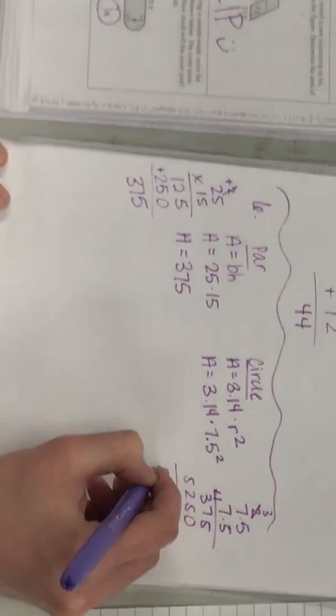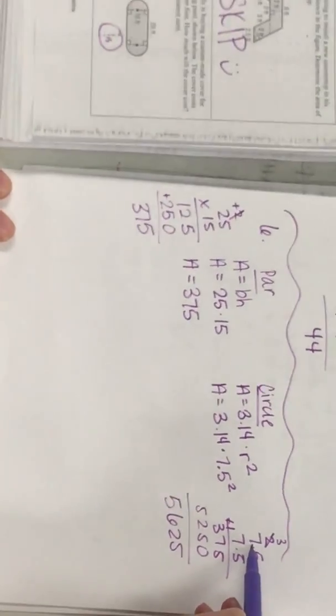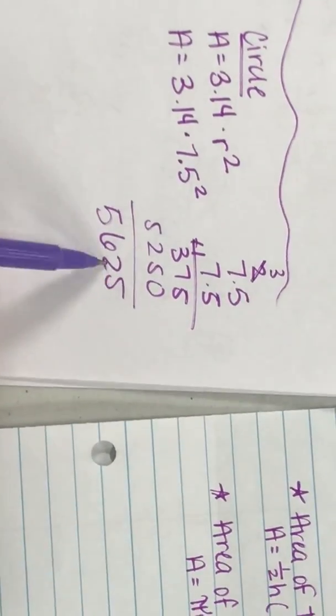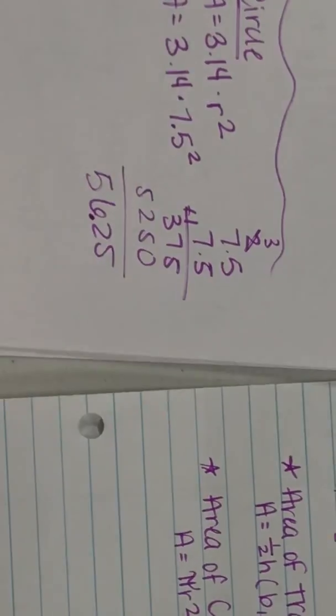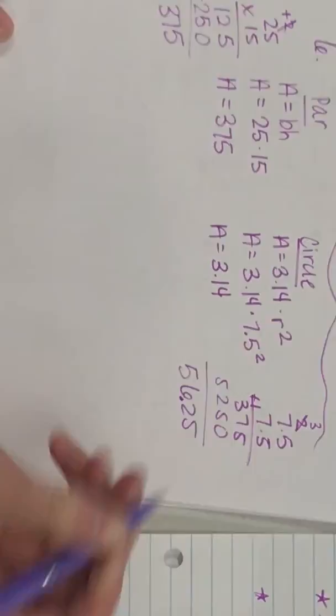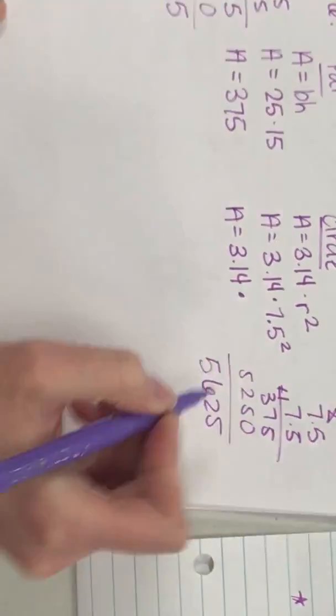And 5 plus nothing is 5. I have a decimal here with 1 to the right, a decimal here with 1 to the right, so I need to move my decimal 2 in my answer. 1, 2, and put a decimal. So now I have area equals 3.14 times 56.25.